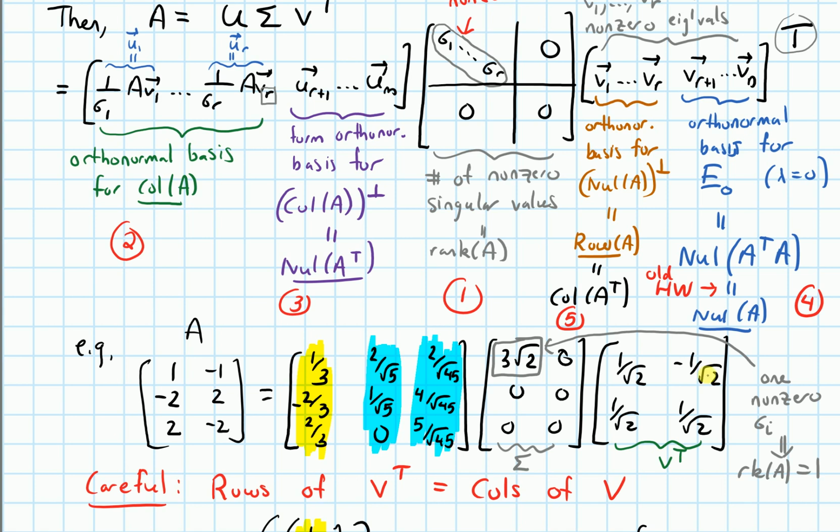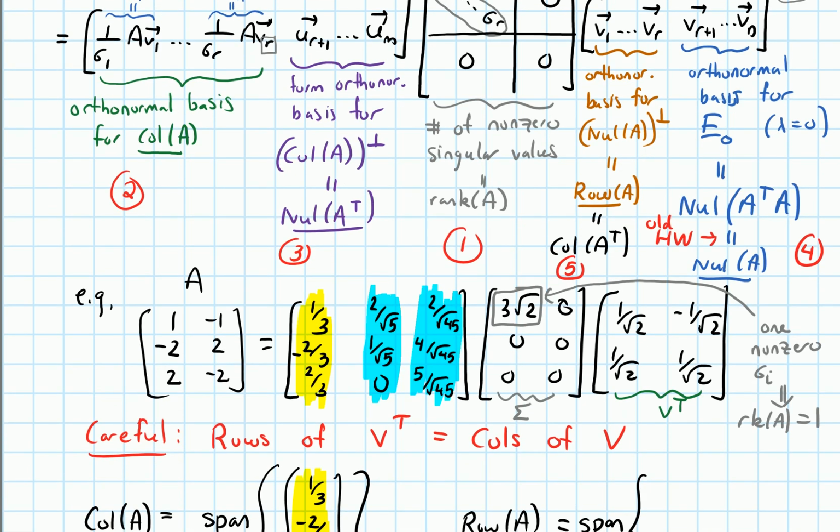It's not V. And I need to figure out what the first R columns are in V, not V transpose. The rows of V transpose are the columns of V. So because R is 1, there's one non-zero singular value, an orthonormal basis for the row space is just going to contain the first column of the matrix V.